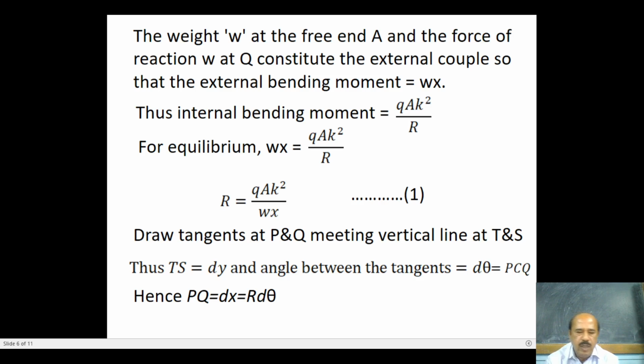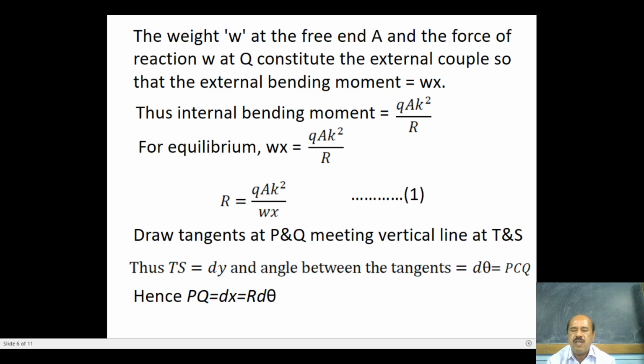Now we draw the tangents at the points P and Q meeting the vertical line at T and S. Thus, TS is equal to dy, which represents the small depression for a small load, and the angle between these two tangents is d theta.